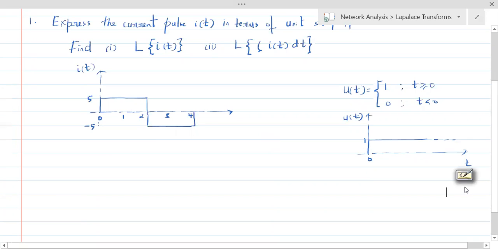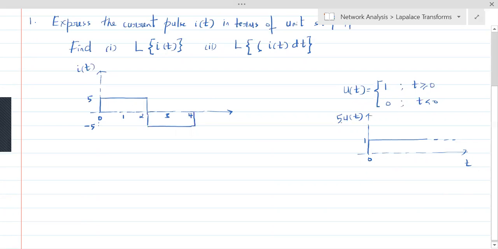So if I want 5 there, what I need to do is multiply this particular signal by 5. If you multiply this signal by 5, you are multiplying the amplitude by 5, so it becomes 5. Everybody understand this point? So how to obtain a unit step function of amplitude 5?